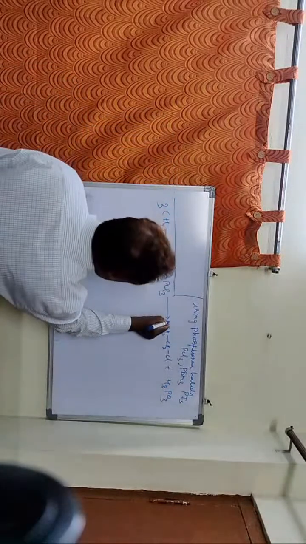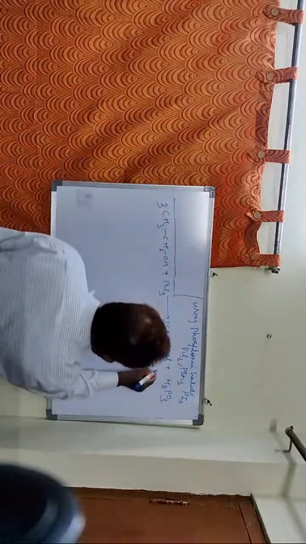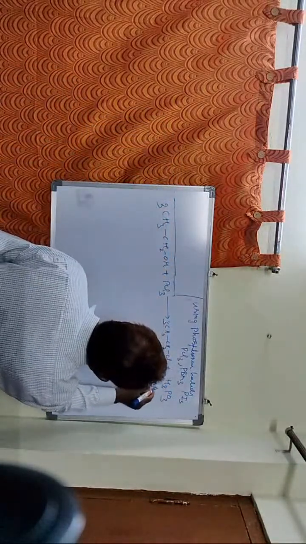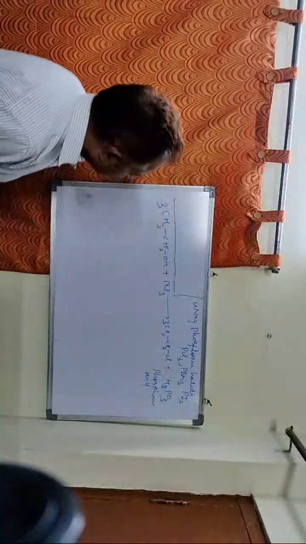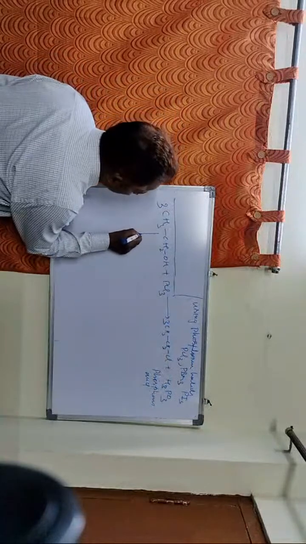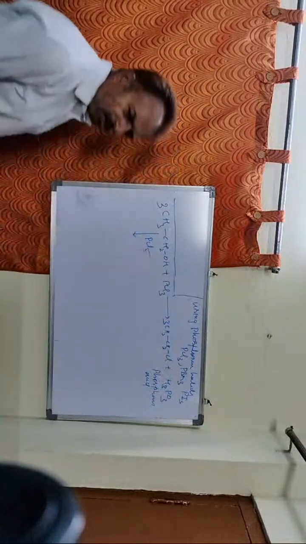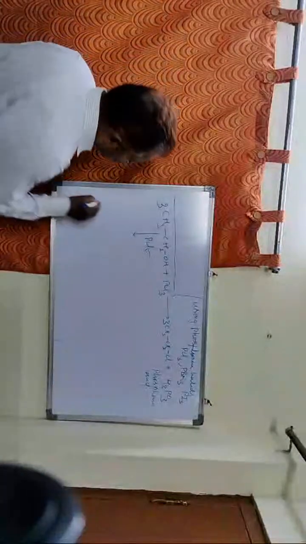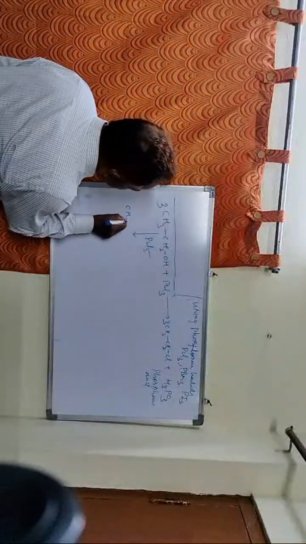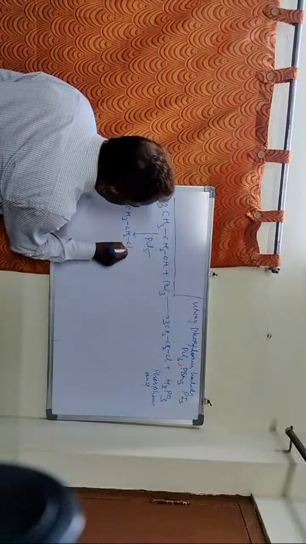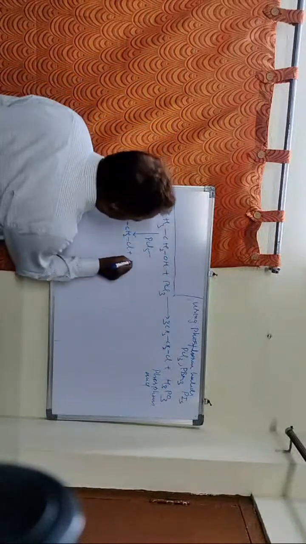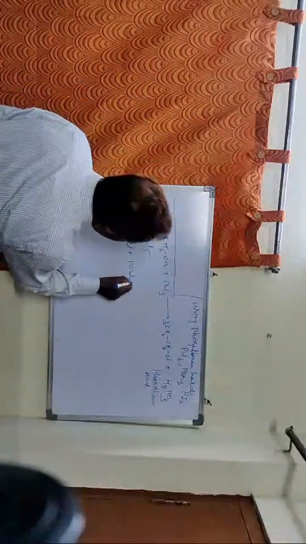H3PO3. Therefore, here 3 molecules, 3 molecules here. This is phosphorus acid. Similarly, in reaction with PCl5, when ethyl alcohol reacts with phosphorus pentachloride, we get CH3CH2Cl plus POCl3 plus HCl.